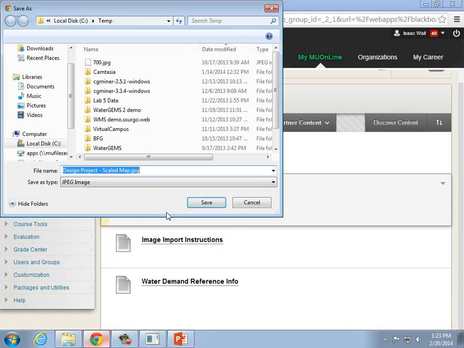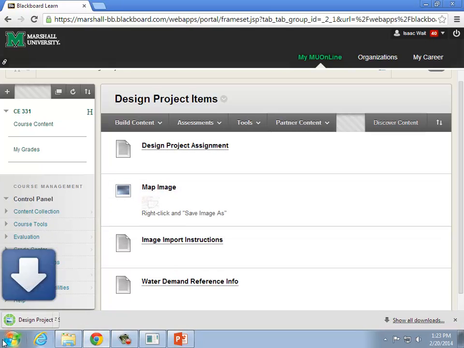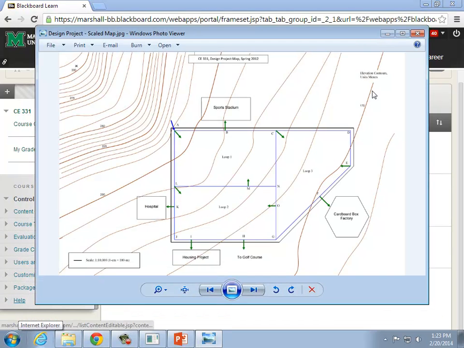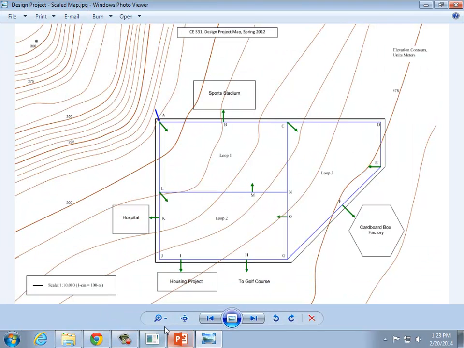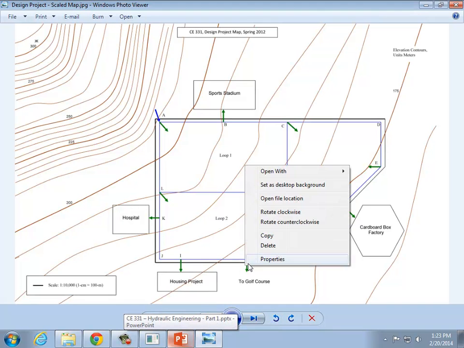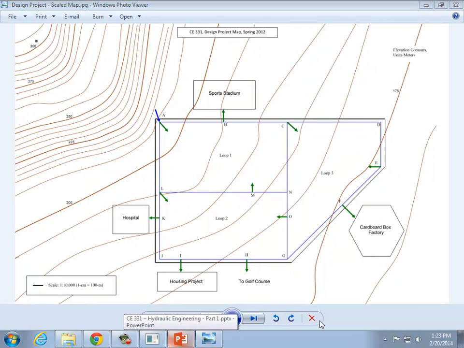Let me save that image and then open it up. All right, so the blue lines are pipes. The green lines are where water comes out of the pipe network and goes into the town.